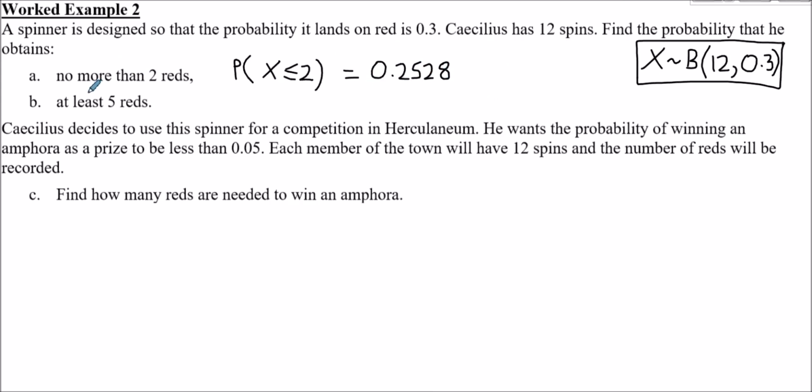So, part B, at least 5 reds. At least 5 reds means the probability that x is 5 or more. 5 or more means everything apart from 4 or less. That's 1 minus the probability that x is 4 or less.